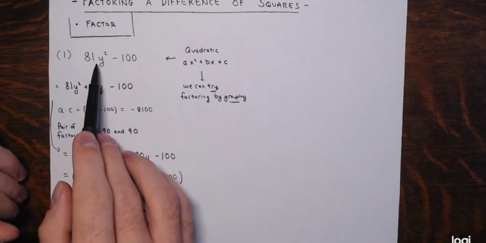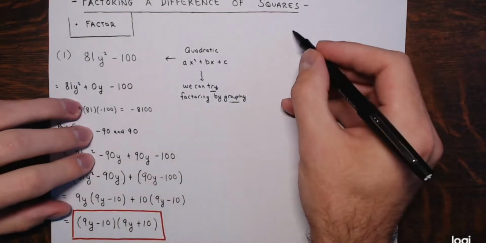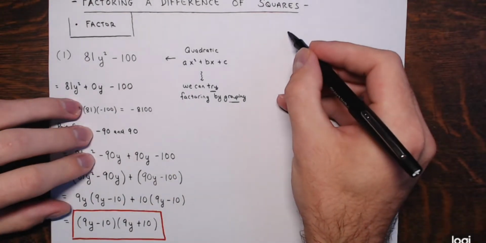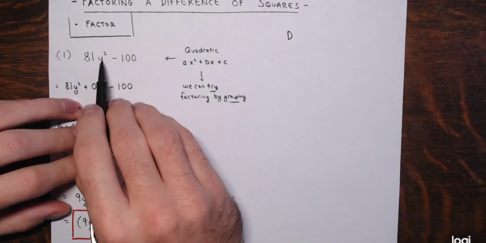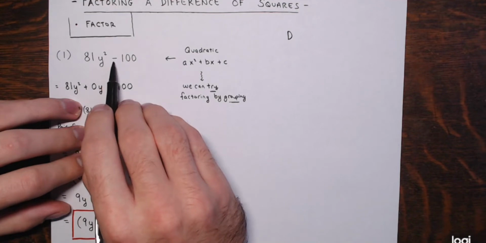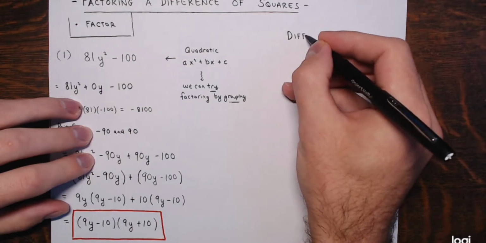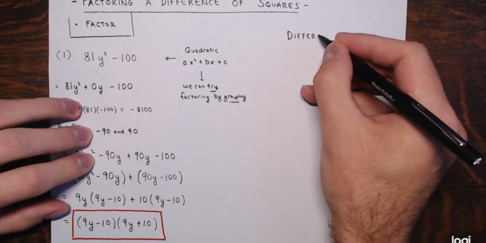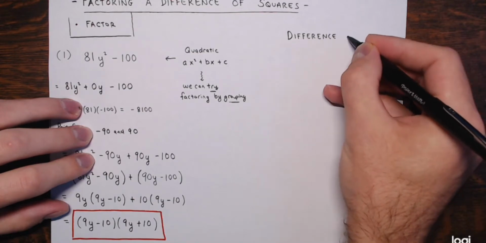If a polynomial has two terms, notice that this polynomial has two terms, and it's a difference, minus, subtraction, it might be a difference of squares. Let's see. So here's a difference of squares over here.